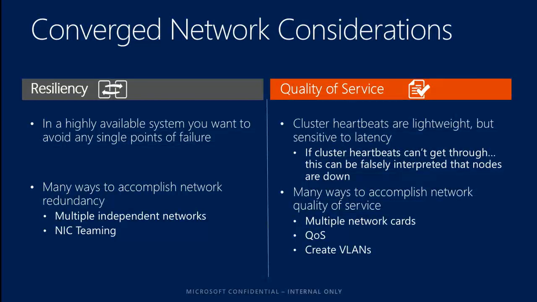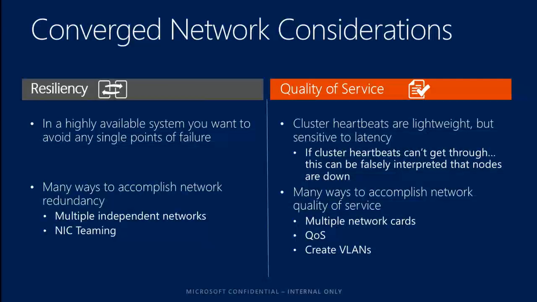The other thing, which I've been beating the drum about, is quality of service. You need to achieve quality of service, but there are multiple ways to actually accomplish that. So if you have multiple network cards, you can use QoS policies to achieve quality of service. You could create VLANs and get quality of service that way. So you could have maybe 2 10 gig NICs, you could team them, you have a single logical interface, and you create some VLANs on top of them, and you achieve quality of service that way.